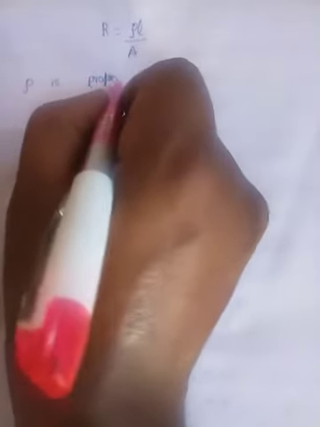Now, what is the formula we got for R? R equals rho L by A. So here rho is a proportionality constant, which we call the resistivity of the material.